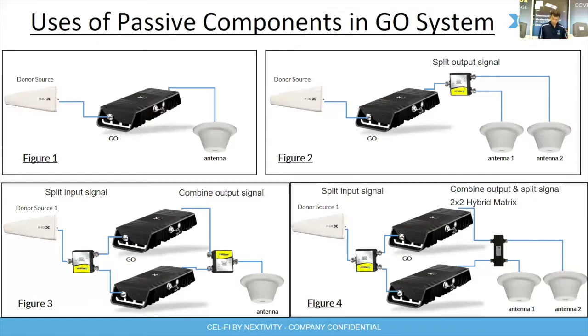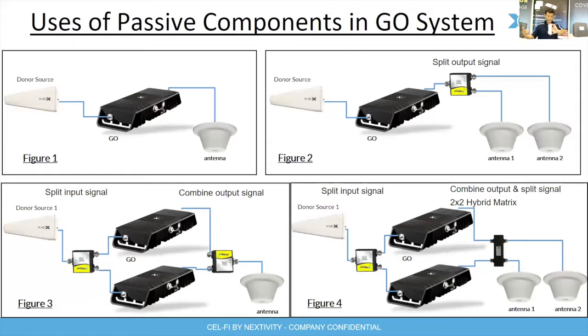In figure 4, instead of a two-way combiner, we are going to use a 2x2 coupler. A coupler comes in 2x2, 3x3, 4x4, 6x6. In this example, we just discuss the basic, but the principle can be expanded out to 3x3, 4x4.